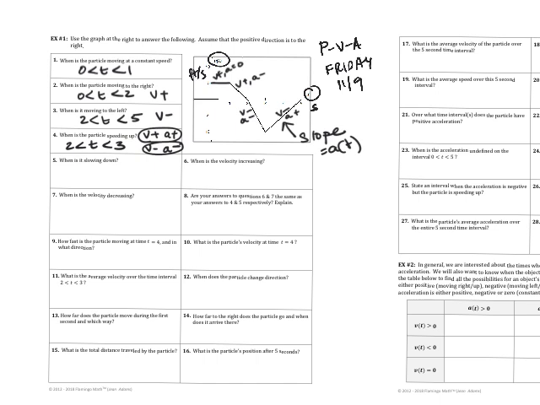Particle will be slowing down when the velocity and the acceleration are opposite signs. So that is going to happen in two places. One is t equals 1 second to 2 seconds, and the other stretch of time will be 3 seconds to 5 seconds.